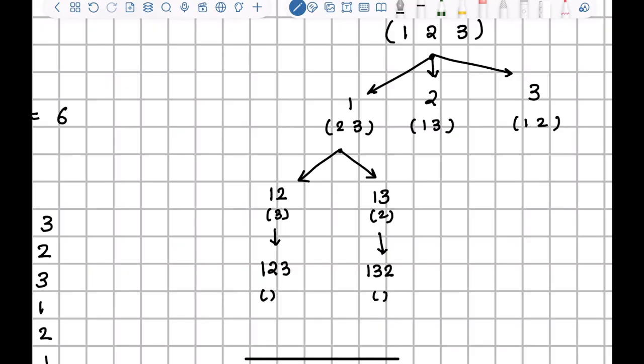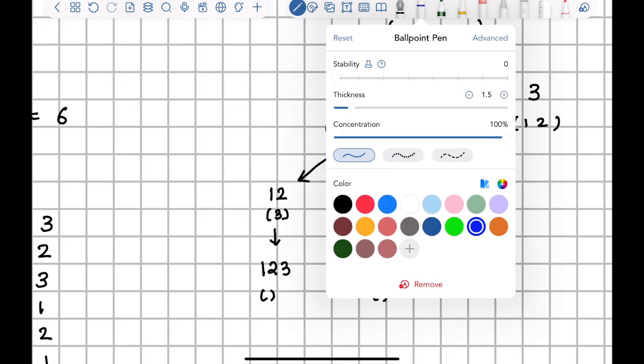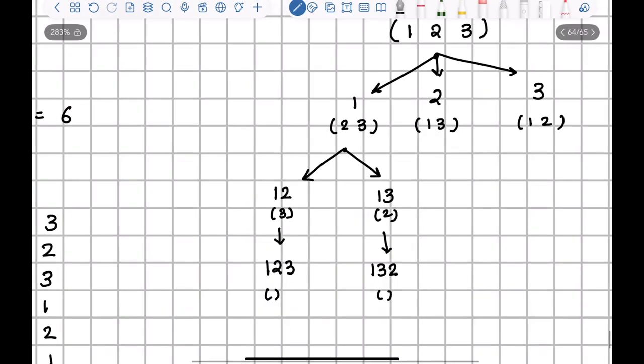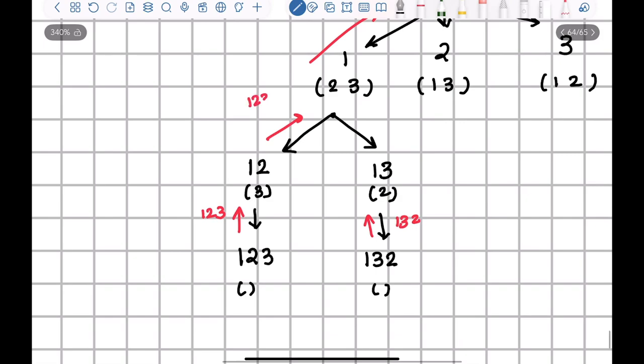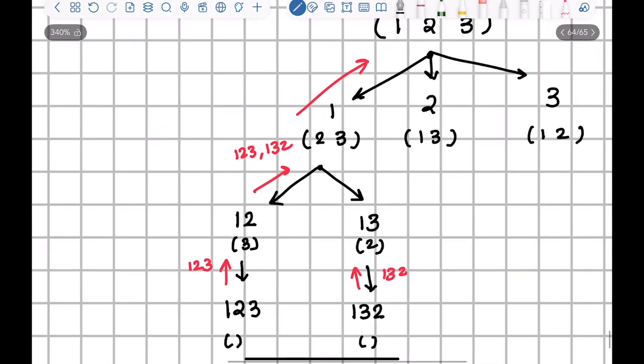Whenever our pool becomes empty, we return. We return 1, 2, 3, we return 1, 3, 2, and then the same thing again.